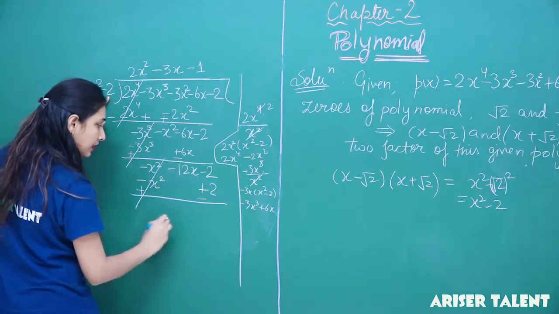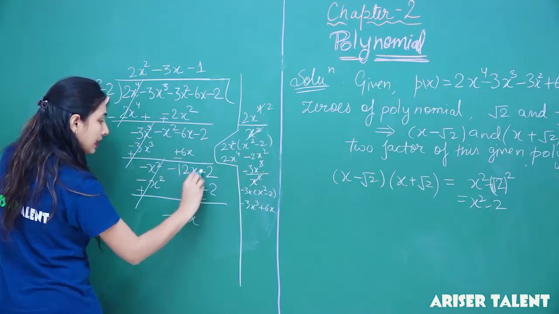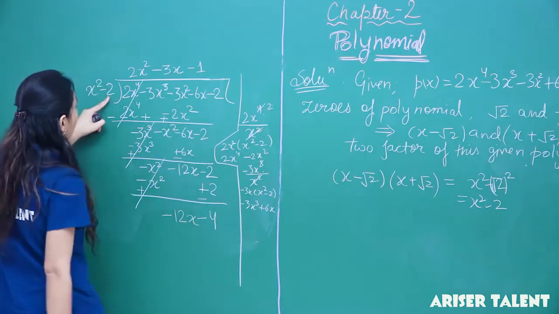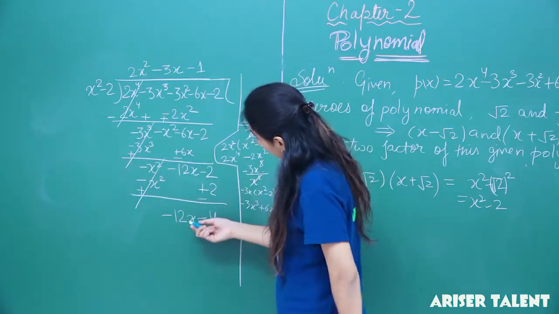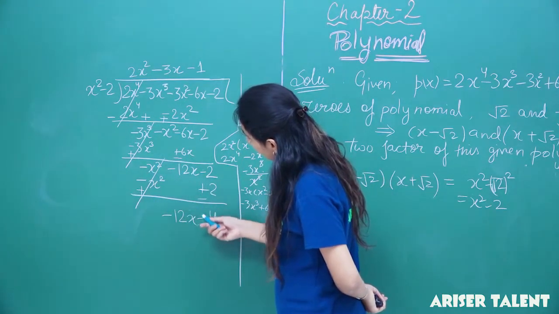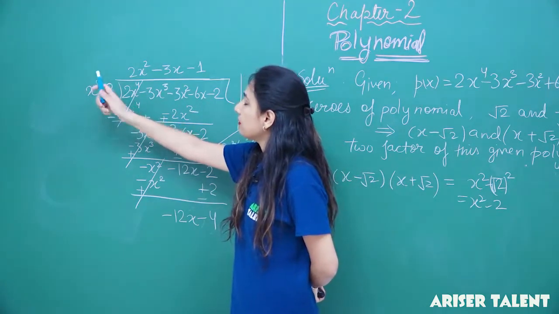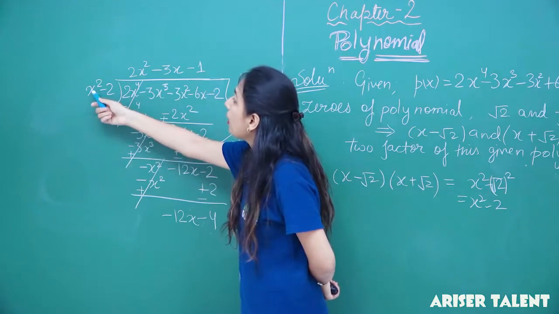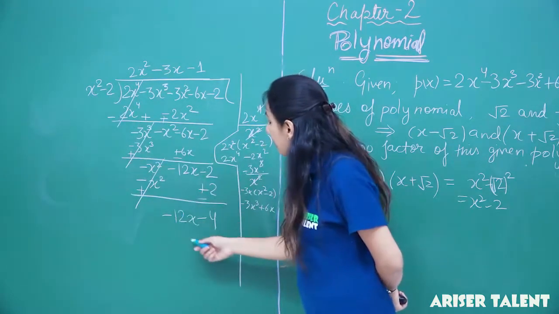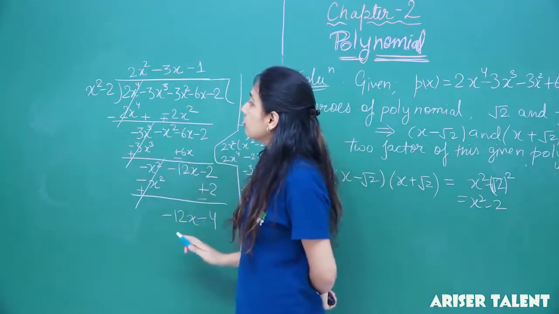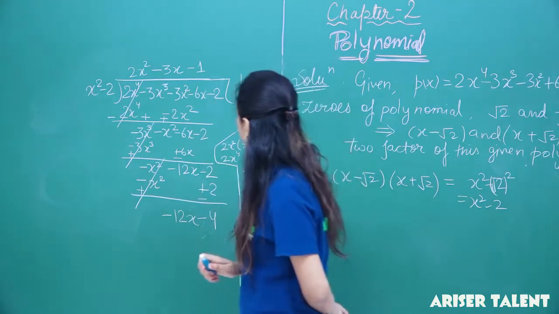That will give you minus of 12x and minus of 4. Now in this term you can see that the power of x is 1 and here the power of x is 2. So, here this power is less, so we will not continue this process any further.